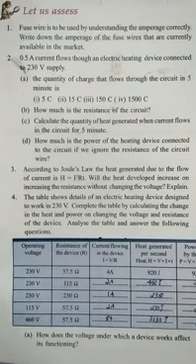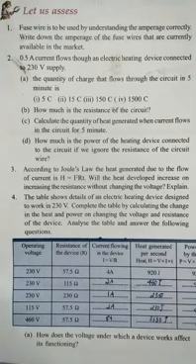And the next question, the second question: 0.5 ampere current flows through an electric heating device connected to a 230 volt supply. Find the quantity of charge that flows through the circuit in 5 minutes.